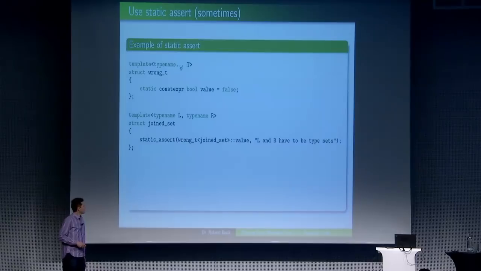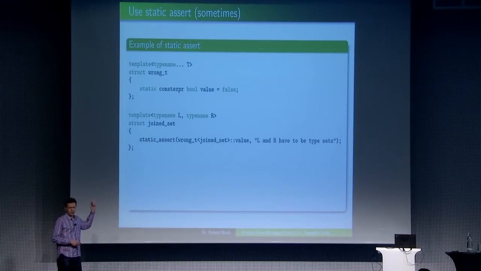And in the library, there are also many sets, and this is one of the uses of static_assert. If I want to join two typesets at compile time, I have to make sure that both types that I give to this joined set are actually typesets. So the default instantiation assumes that these are not typesets, and I'm just using this wrong T to static_assert.